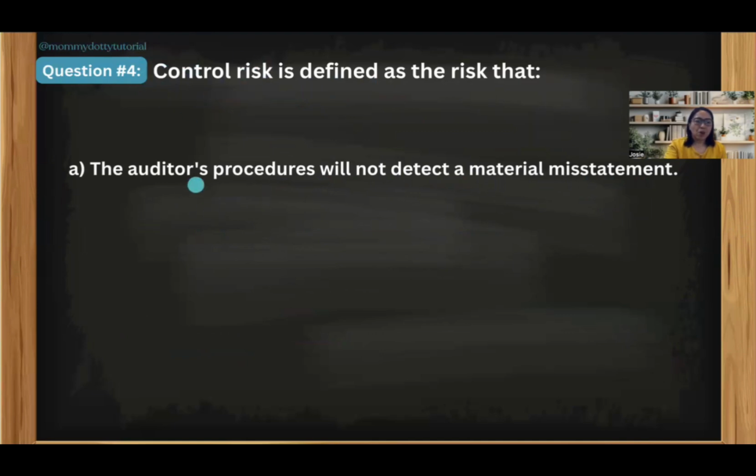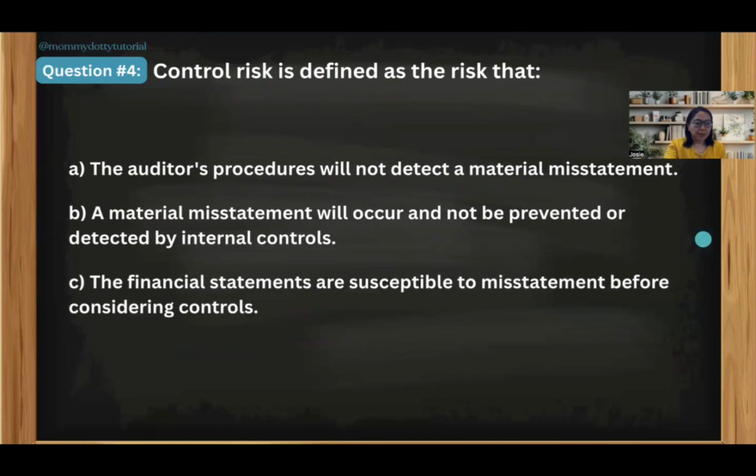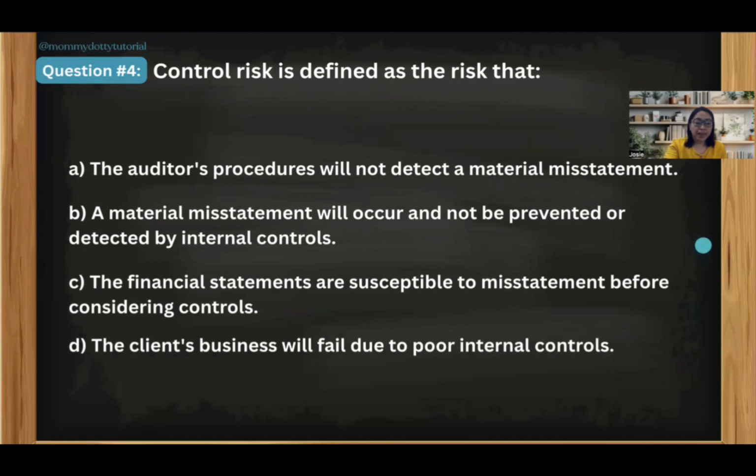B, material misstatement will occur and not be prevented or detected by internal controls. C, the financial statements are susceptible to misstatement before considering controls. And D, the client's business will fail due to poor internal controls. All right, you can pause the video to think.